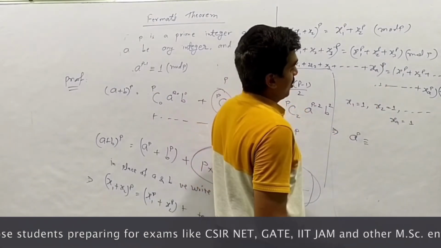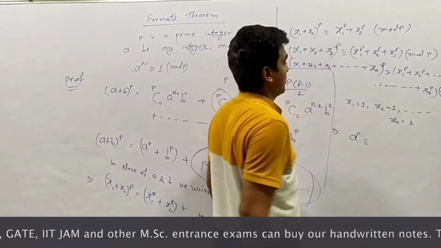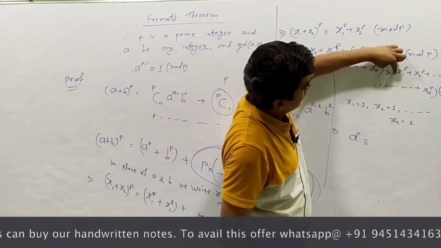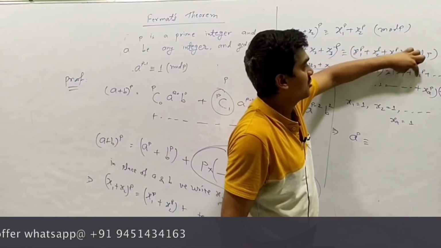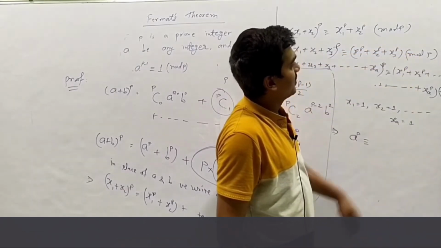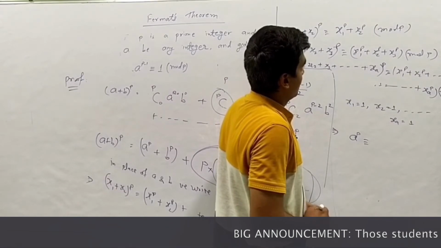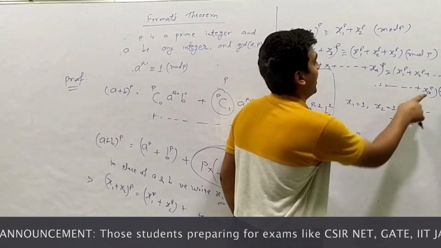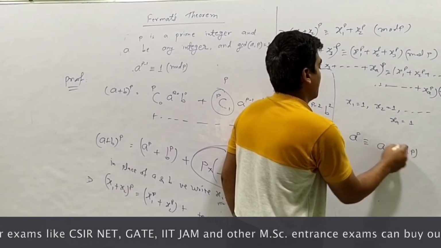This is congruent to 1 raised to the power p, which is also 1, plus 1 plus 1, and so on. How many times 1? a times 1, that is a modulo p.